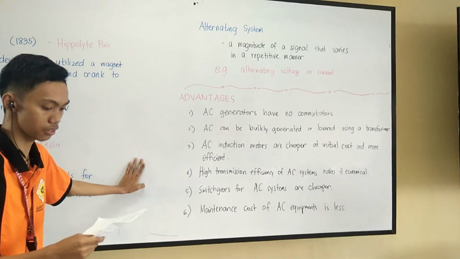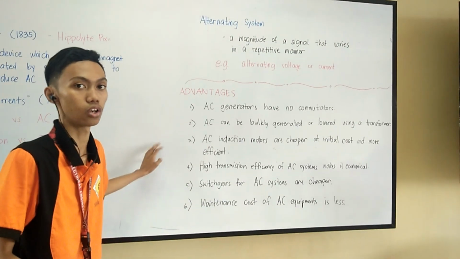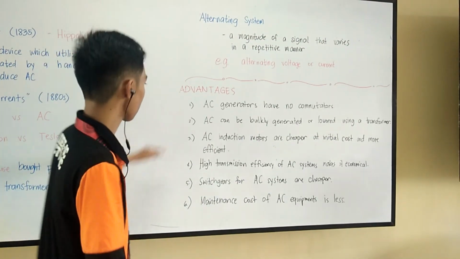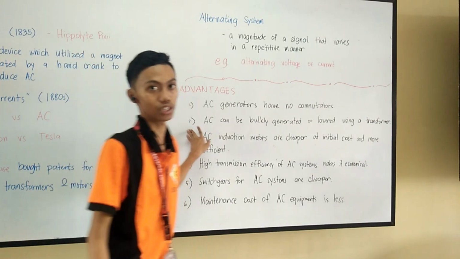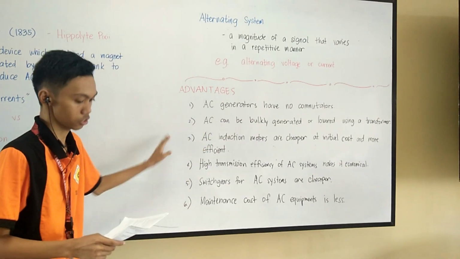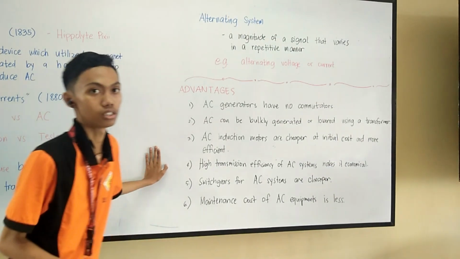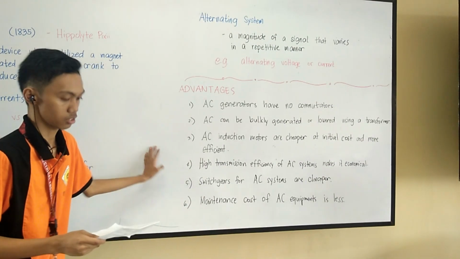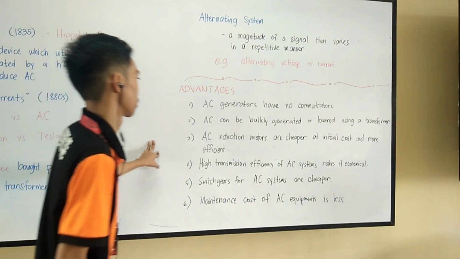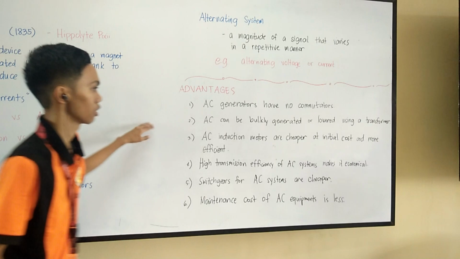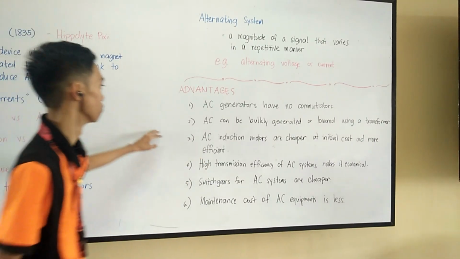Whereas in DC generators, capacities and voltages are limited only to comparatively low values. Second, AC can be stepped up or lowered using a transformer, which means that transmission and distribution of electrical energy is economical. Direct current use in transformers is not applicable. That's why AC has an advantage over DC.